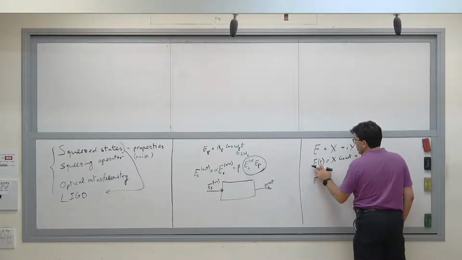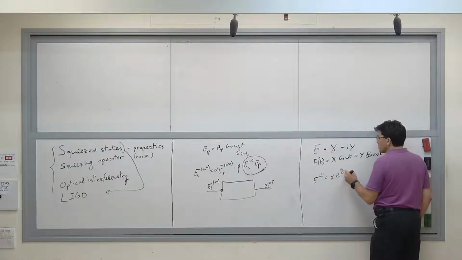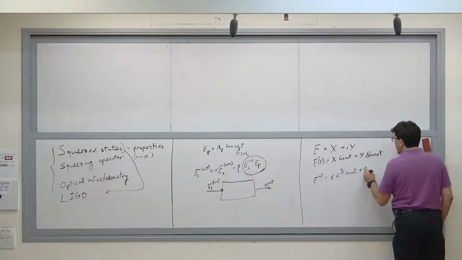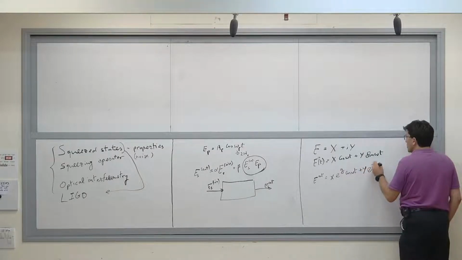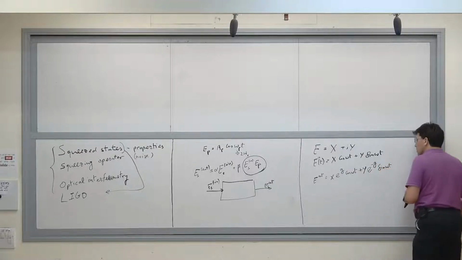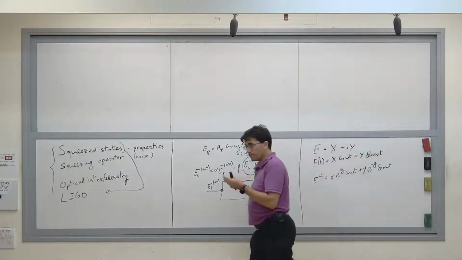The output has the x amplified and the y de-amplified. Because this is what a parametric amplifier does.